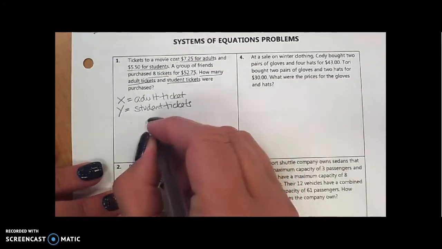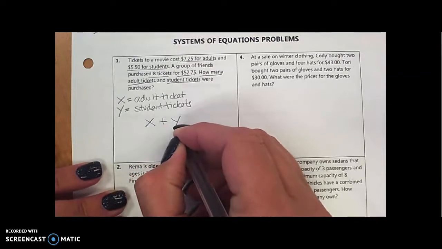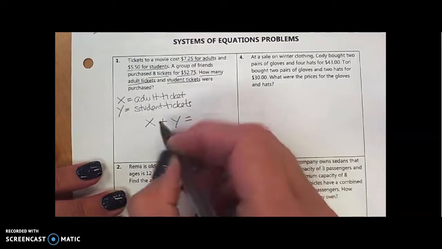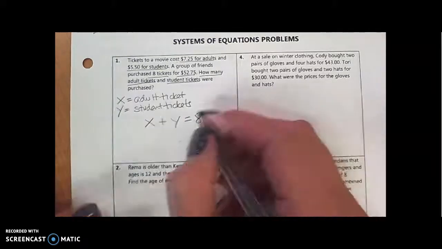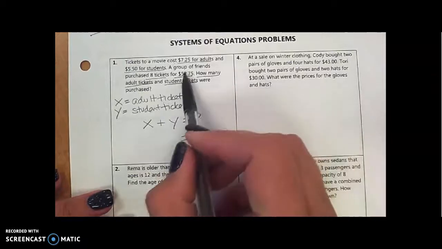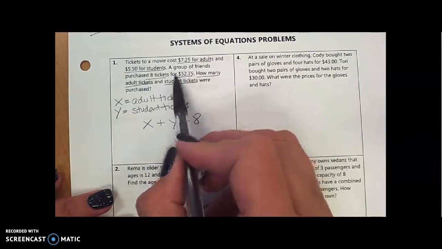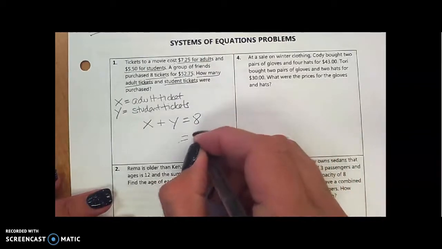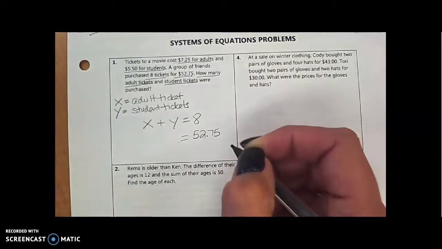So the tickets included adult and student. The total number of tickets were 8. The other scenario was they spent $52.75. So that 52.75 is going to be what we set it equal to.